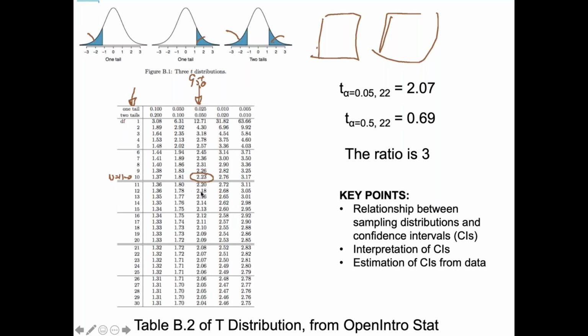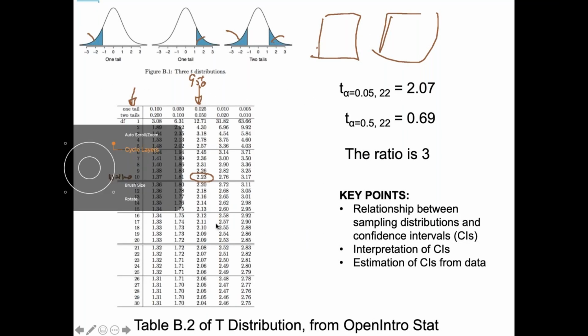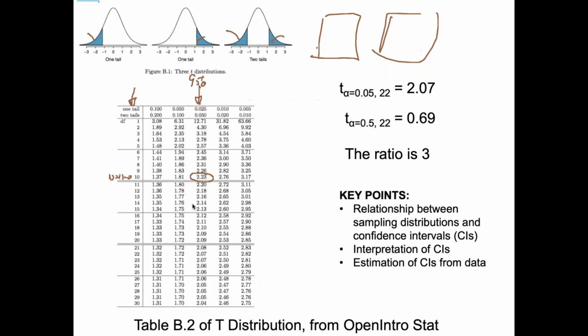Well, why is it 2.09 instead of 2.23? Well, since I have a bigger sample, 2.09, a sample size of 21, 20 degrees of freedom, I have a better idea what the true sigma of the population is.